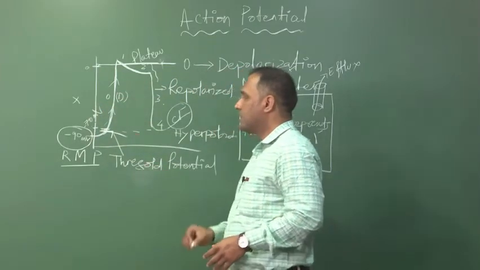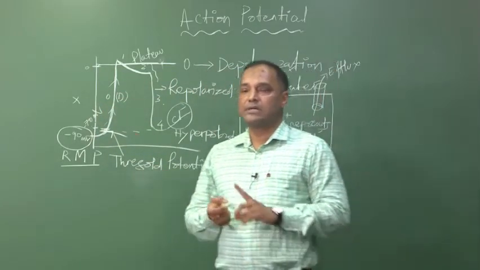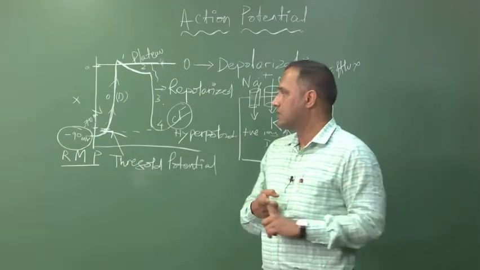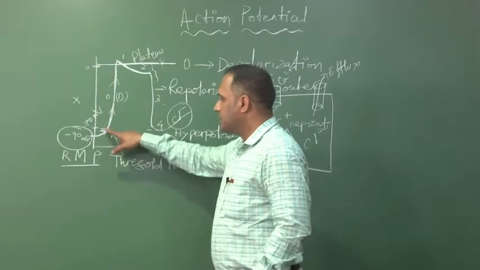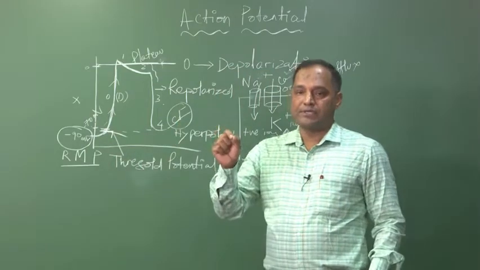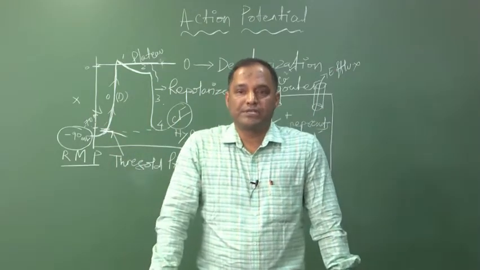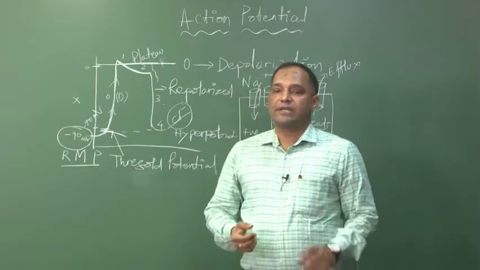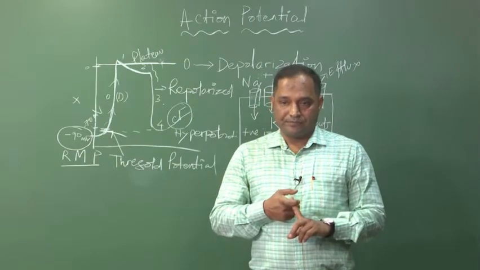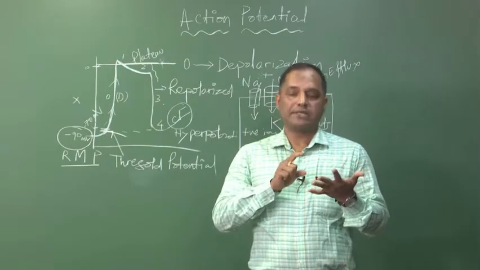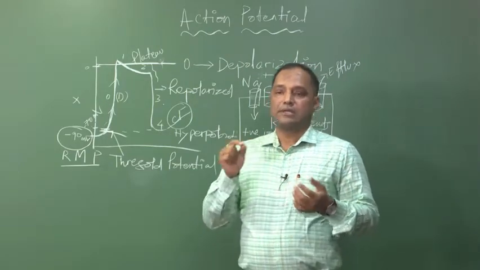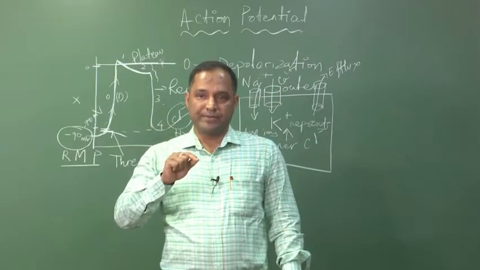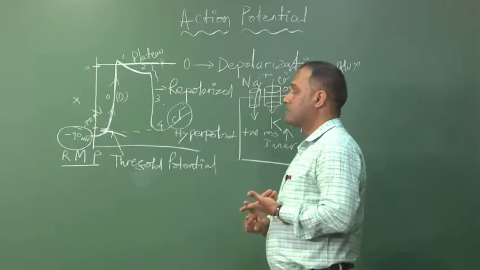So here, this minus 70 millivolt is the threshold potential, the point from where the whole process of action potential starts. Again, I told you before that once something is pricking me or somebody touches me, the action potential starts.